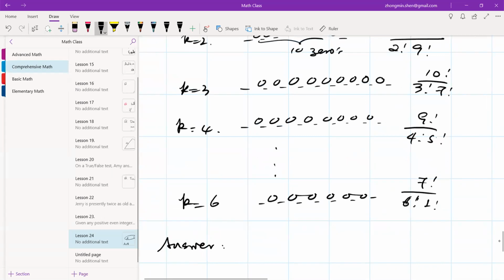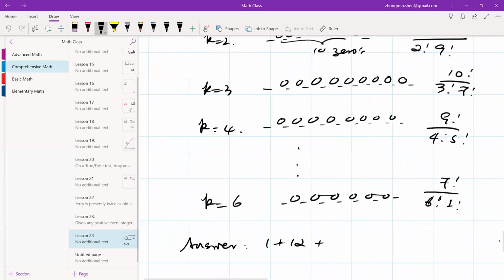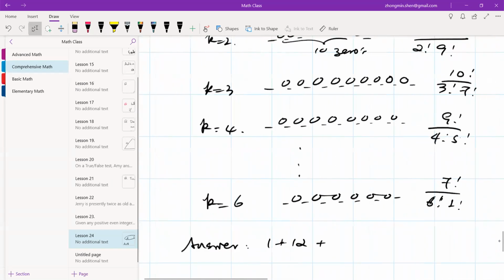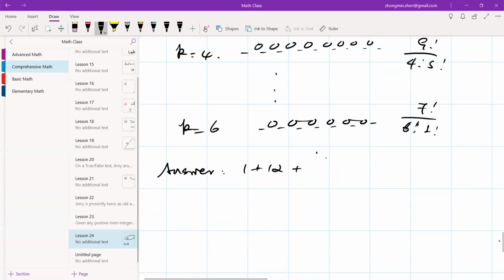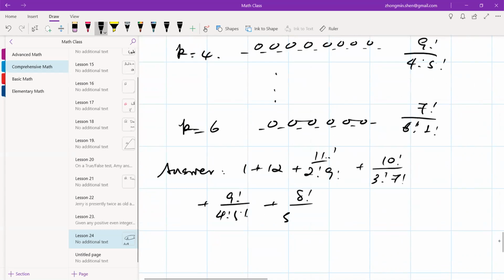It is going to be 1 plus the number when k equals 2, 11 over 2 factorial and 9 factorial, and 10 factorial over 3 factorial and 7 factorial, and so on. The total is 377.